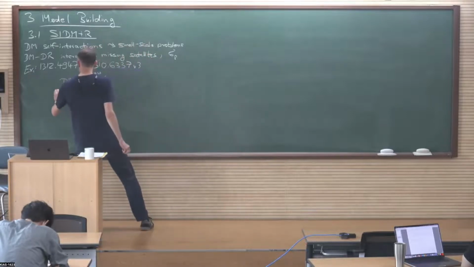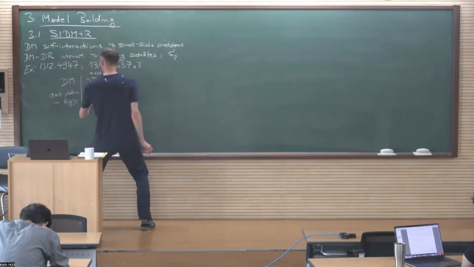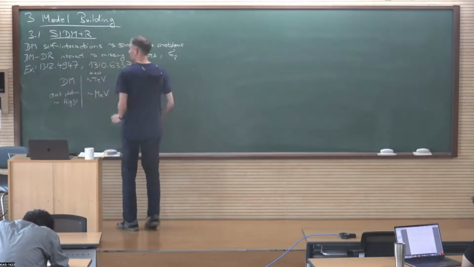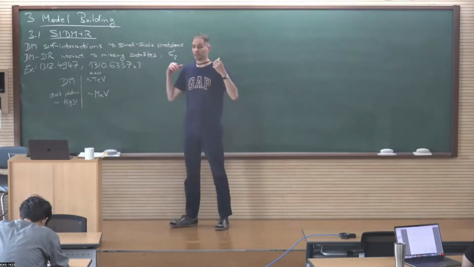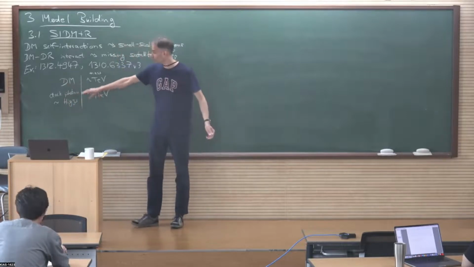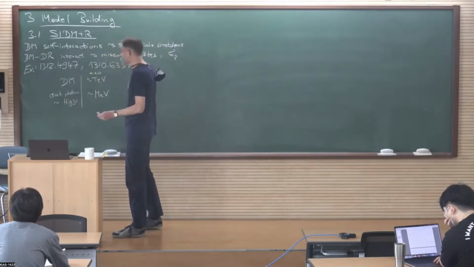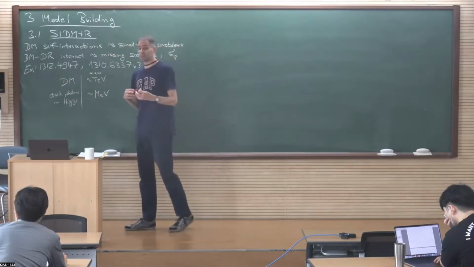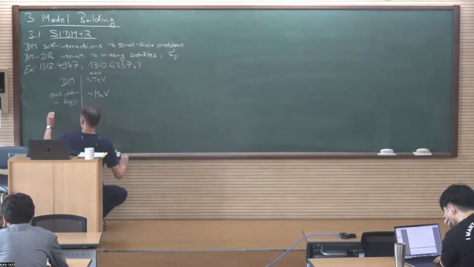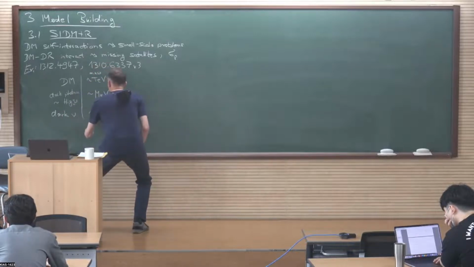We've got a dark photon and a dark Higgs at the MeV scale, so that's our light mediator of making the dark matter self-interact, and it's a gauge interaction, so we have a dark Higgs to break this gauge group spontaneously, and then the dark radiation is made by a dark neutrino, which is at the electronvolt scale.